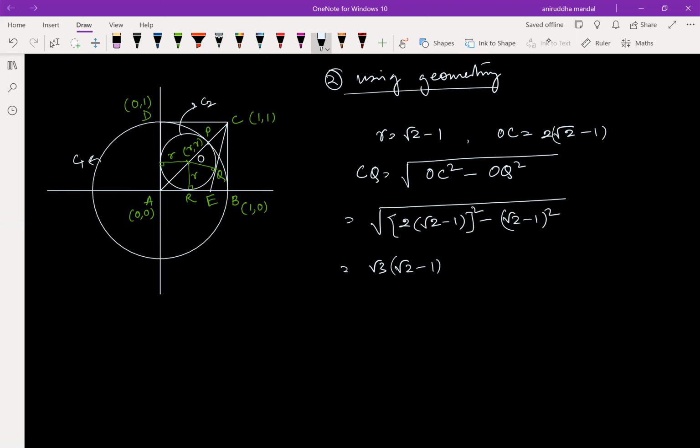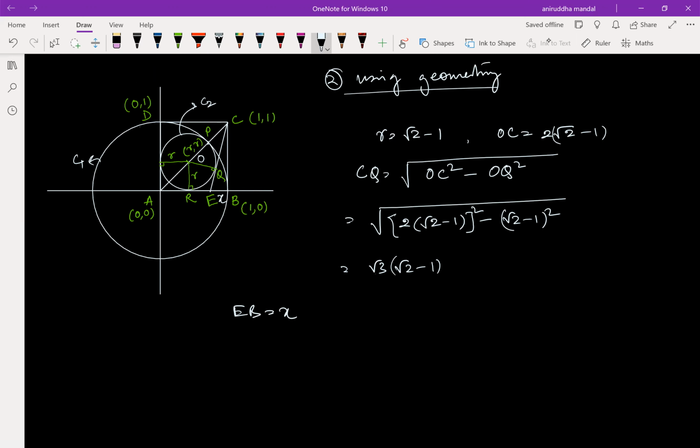Now we have to find the value of EB. So from this triangle, let's assume the value of EB is x.